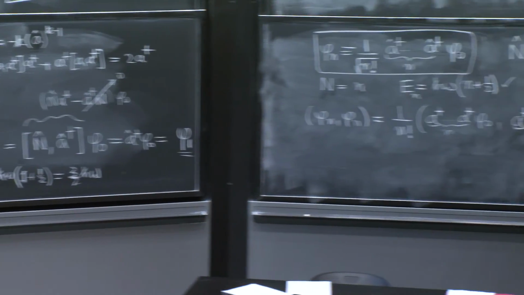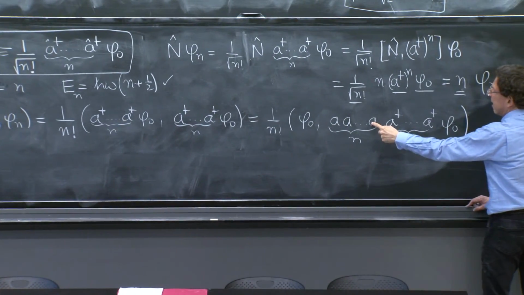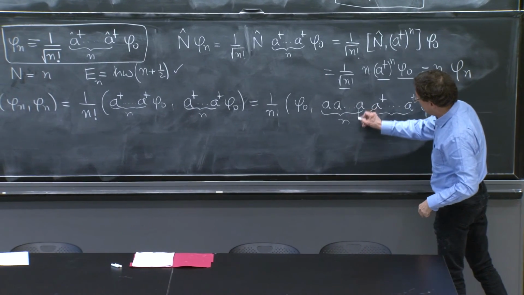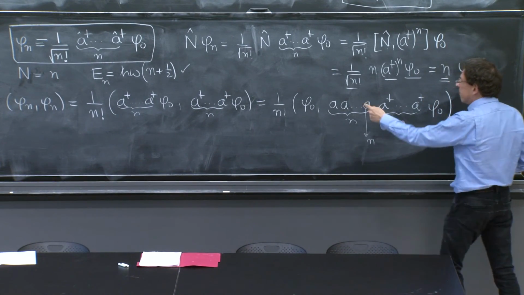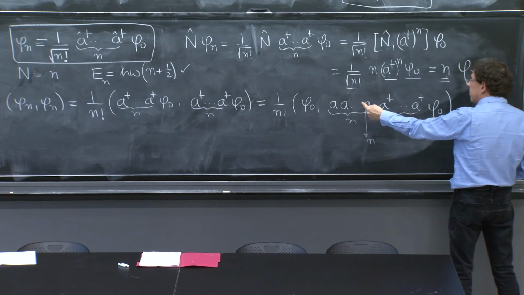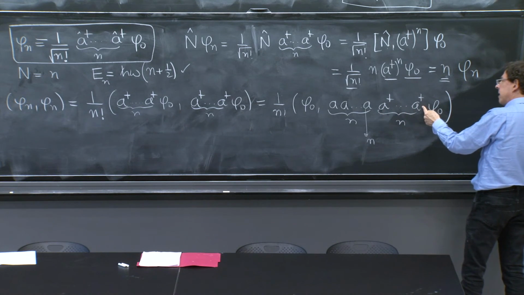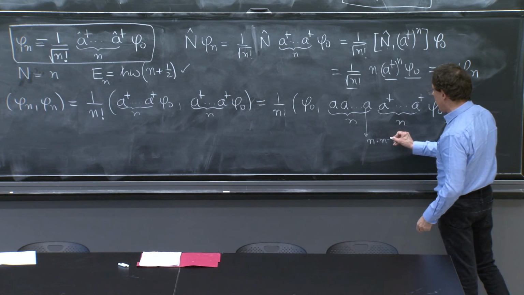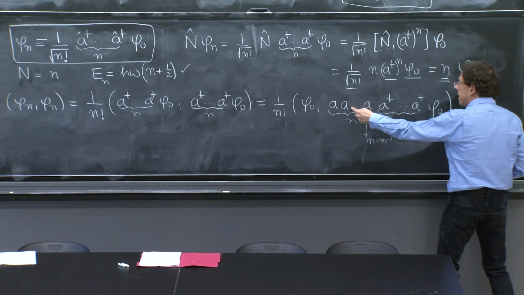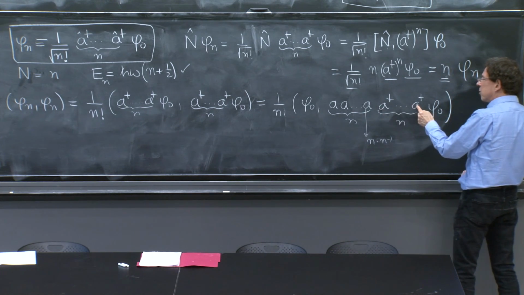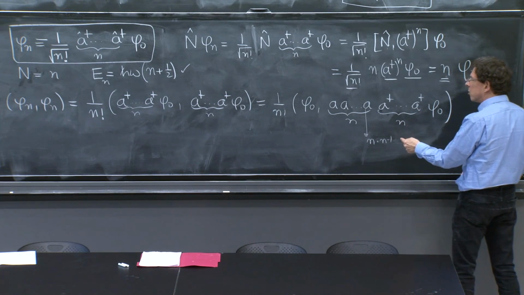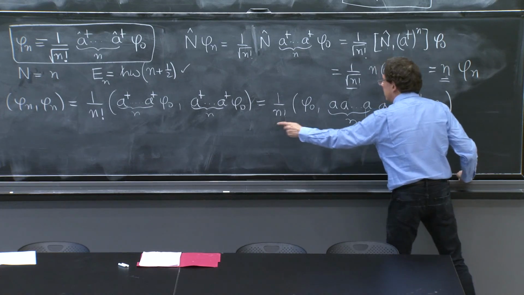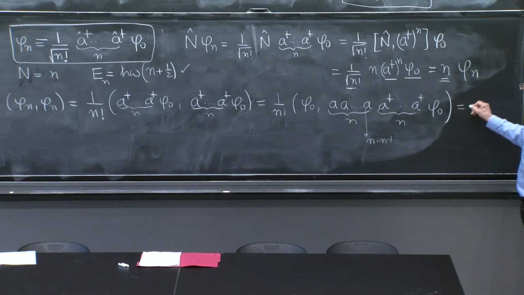So to move the first A, there are n A daggers, and you get 1 factor of n from this A. But for the next A, there's now n minus 1 A daggers, so this time you get a factor of n minus 1 when you move it. From the next one, there's going to be n minus 2 A daggers, so n minus 2, all of them all the way up to 1, cancels this n factorial, and that's equal to 1.